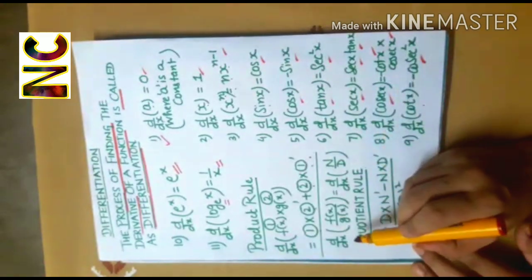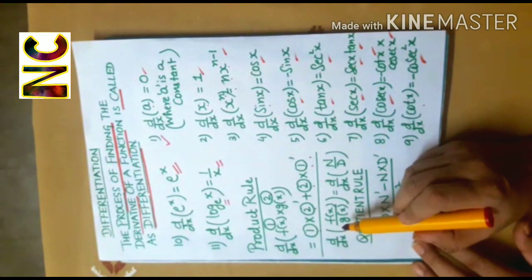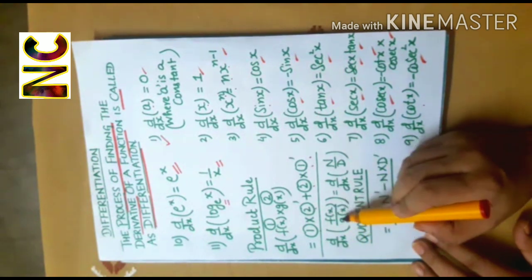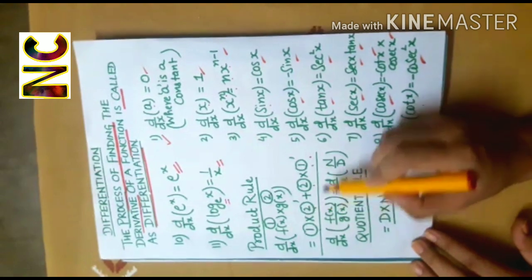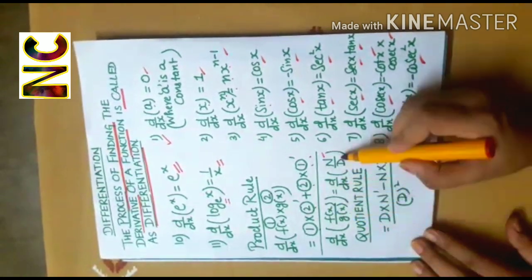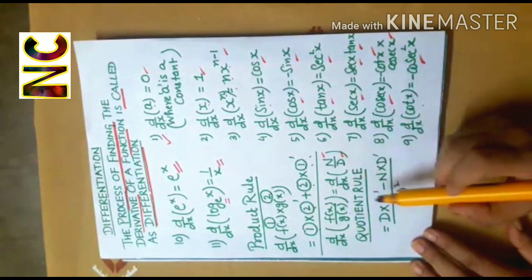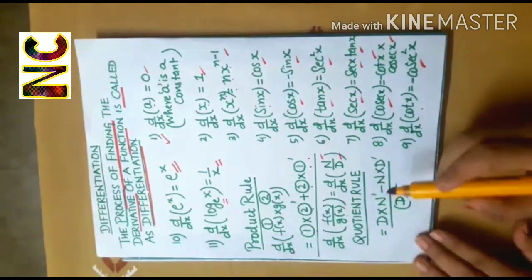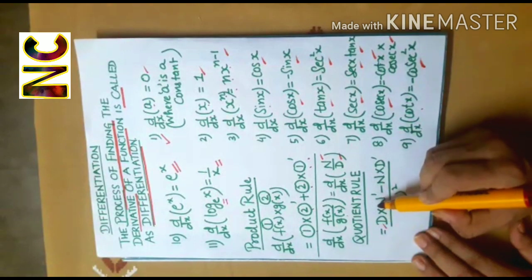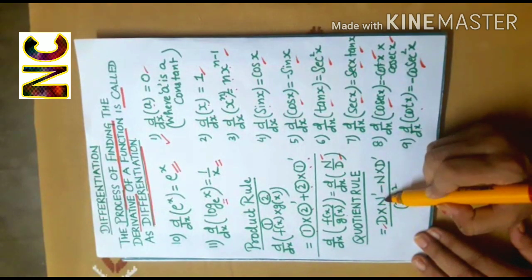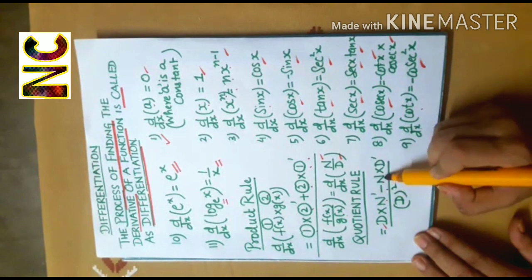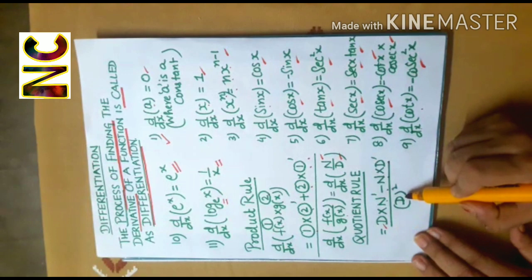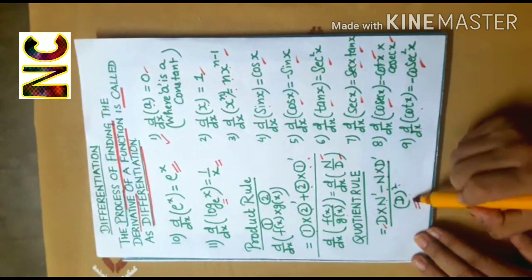Similarly, when I have to find the derivative of a function which is the quotient of two functions, that is fx over gx, now fx is the numerator and gx is the denominator. So the quotient rule says the derivative of this is given by denominator into derivative of numerator minus numerator into derivative of denominator whole divided by square of denominator.